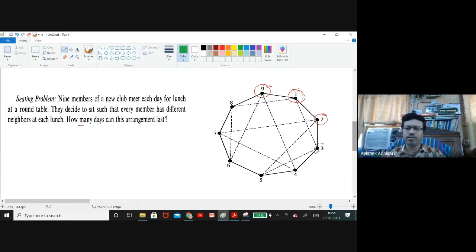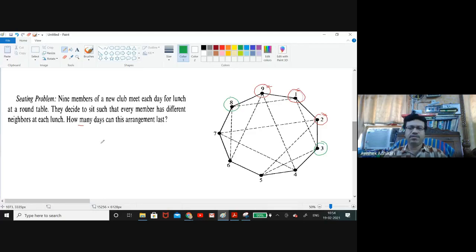So the question is, how many days can this kind of arrangement last maximum? So any hints or any guess? In all your arrangements, you need to have basically all the members present.